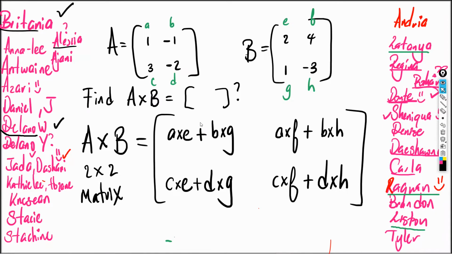First, guys, I don't need this formula to remember, I'm serious, I don't. I just go row by column. That's the first place. So 1 times 2 minus 1 times 1. Next, row times column. First row, second column. 1 times 4 minus 1 times minus 3. Next one, second row, first column. 3 times 2 minus 2 times 1.